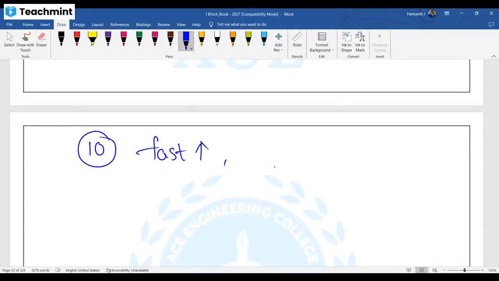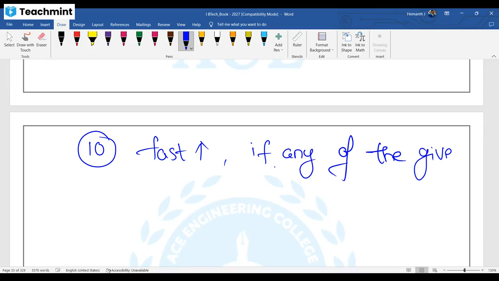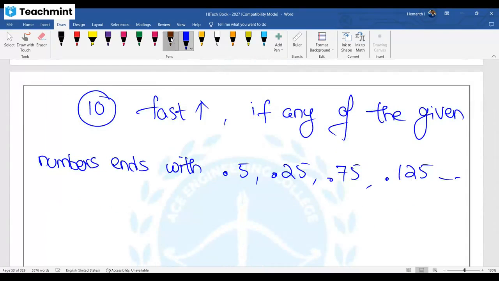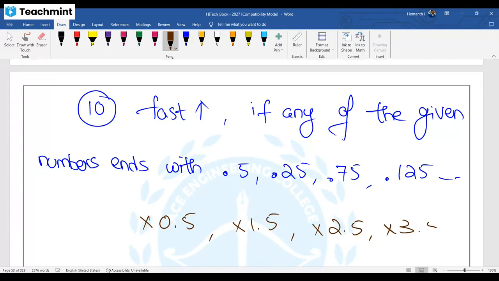If any of the given numbers ends with 0.5, 0.25, 0.75, 0.125, something like this, then you have to focus on this logic: multiplied by 0.5, multiplied by 1.5, multiplied by 2.5. This is very difficult and does not come to your mind in general. That's why I'm giving you the clue.